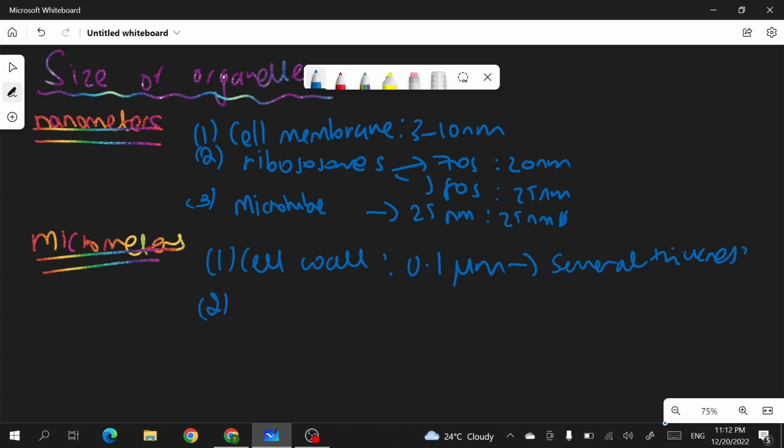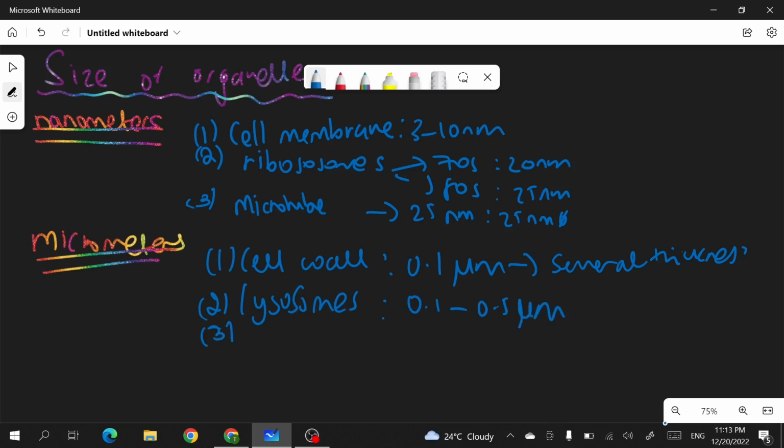Then you've got the lysosome, which is 0.1 to 0.5 micrometers.